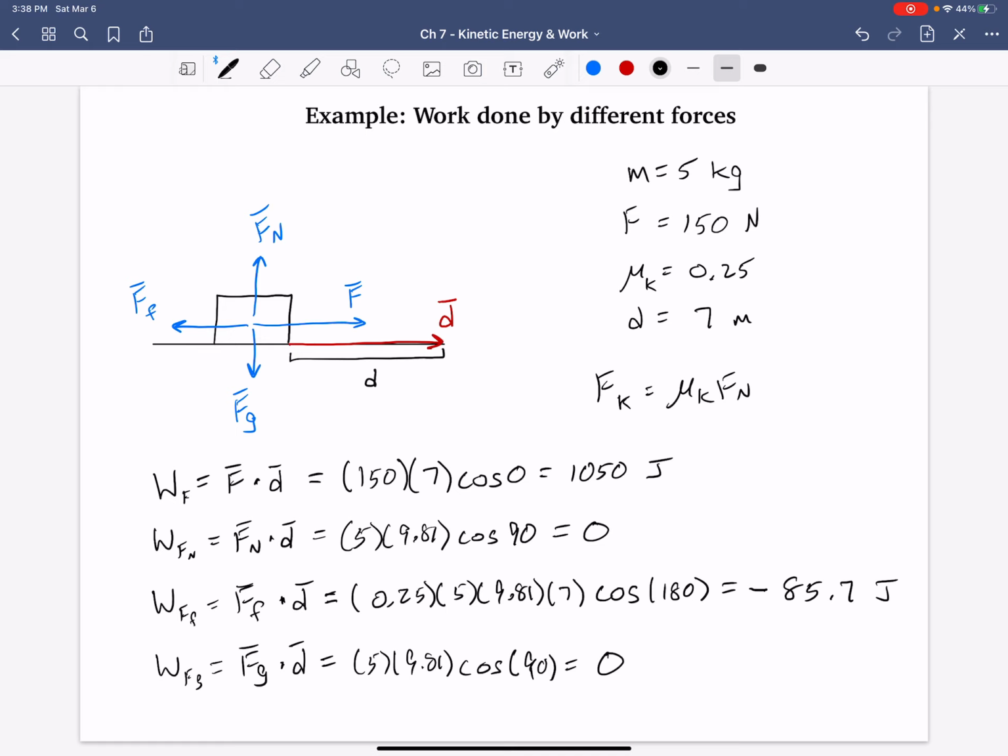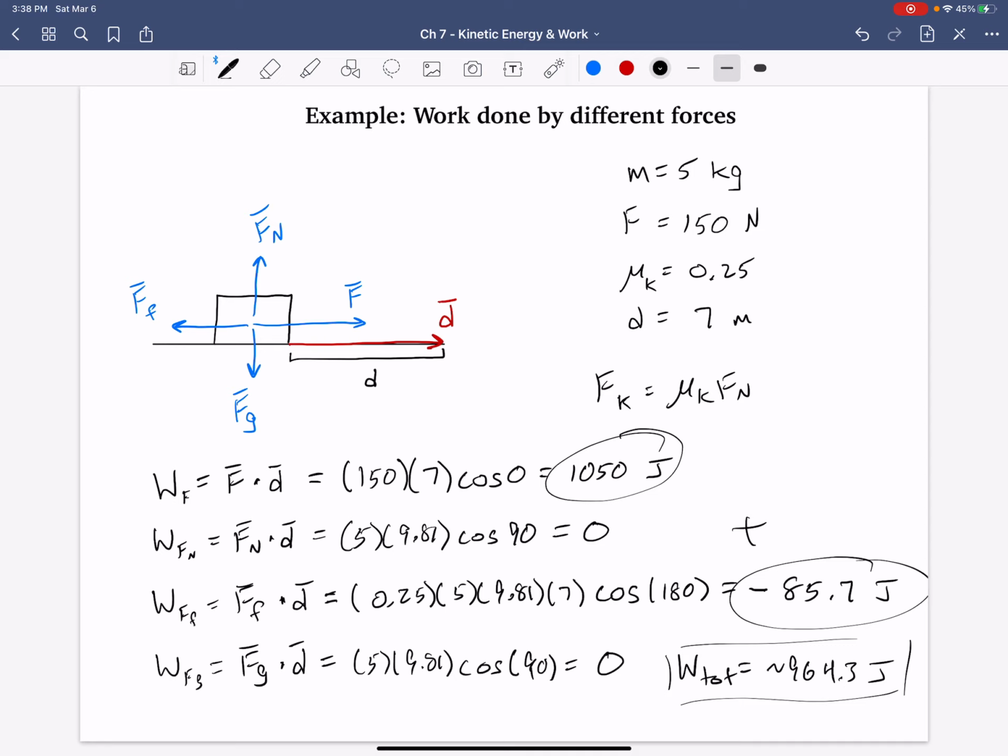The total work done is just the sum of that plus negative 85. Oh, I actually didn't have a total work value. It's left as an exercise to the viewer to find the total work done. It should be about 965 or so. Right, about 964.3 joules.